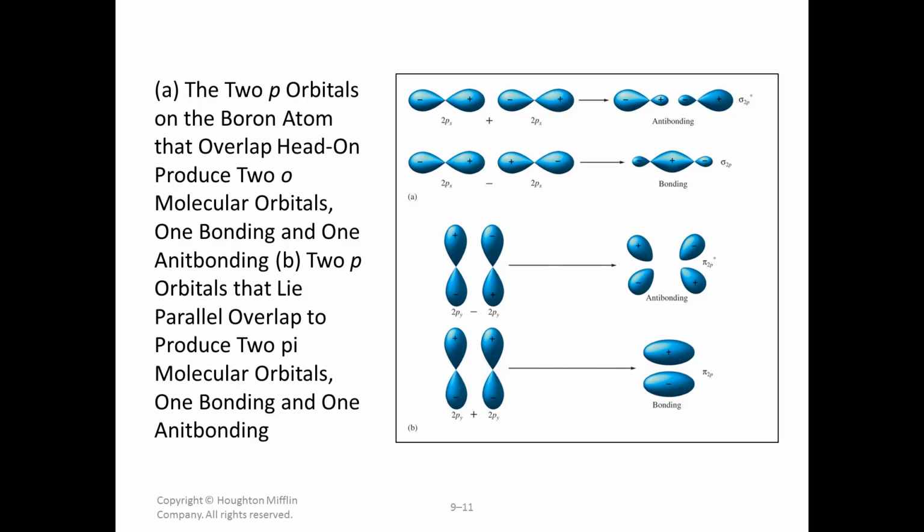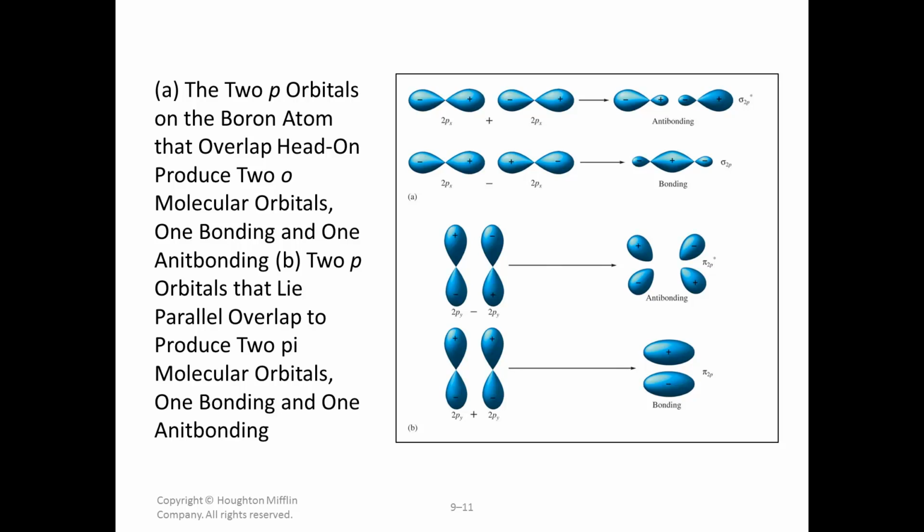The 2p orbitals in boron that overlap head-on produce 2 sigma molecular orbitals, 1 bonding and 1 antibonding. The 2p orbitals that lie parallel overlap to produce our pi molecular orbitals. Again, 1 bonding and 1 antibonding.